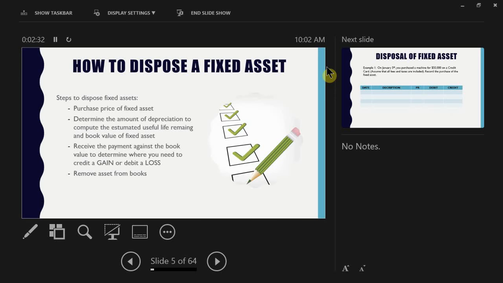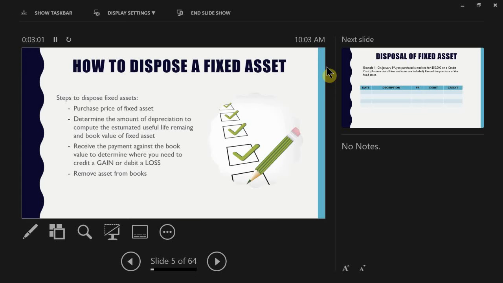So let's go ahead and talk about the checklist that we need to make sure that we have. First, if you do plan on selling your fixed asset, number one is, what was the original purchase price that you purchased the fixed asset for? We call that historical cost. The day that we purchased our asset is going to be the amount of asset cost.